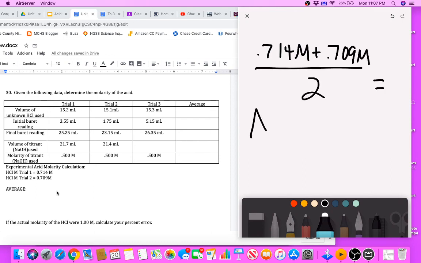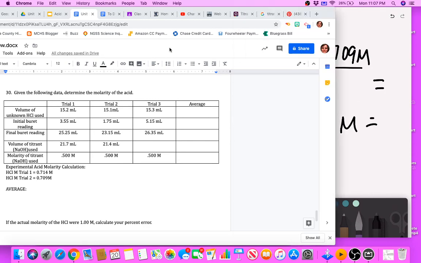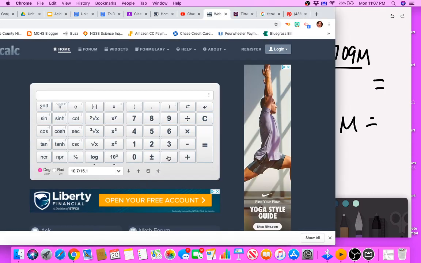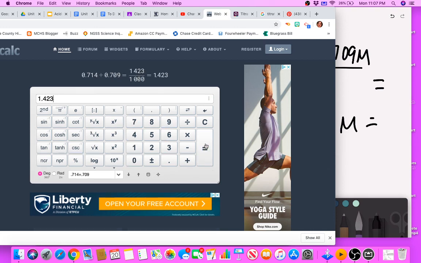And that will give me, from these two trials, the average HCl molarity. So let me go back to my calculator one more time. 0.714 plus 0.709 equals, divided by 2 equals. And then I want to round that to 3 significant digits, so 0.7115, I would round to 0.712, so 0.712 molar.